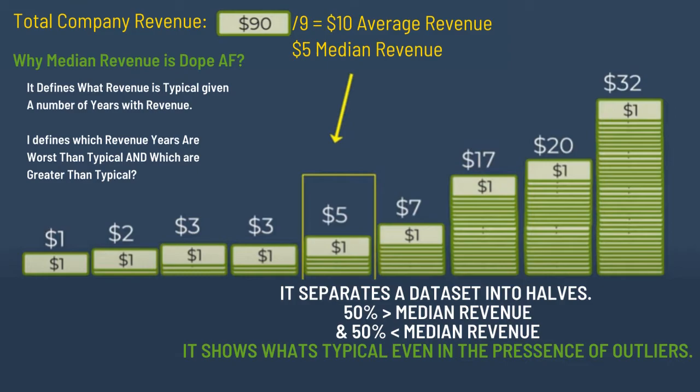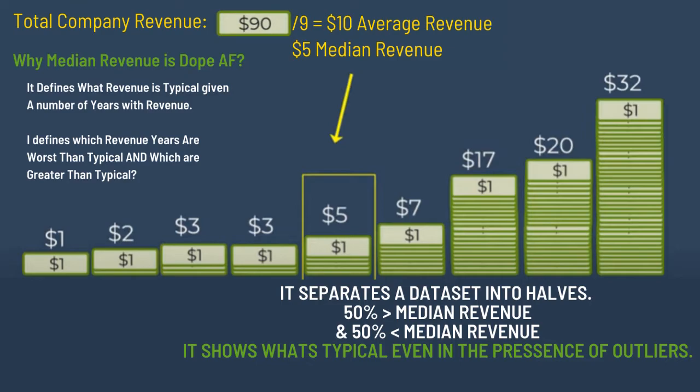The average tells us that our company makes $10 million on average. However, if we look at the numbers, most of our values are less than $10 million. $10 million does not really represent what is really a typical revenue year for our business. This results because our data is skewed due to the bias of outliers.